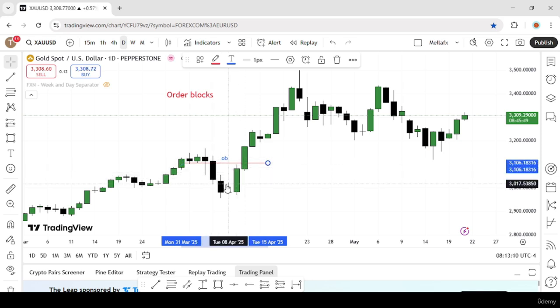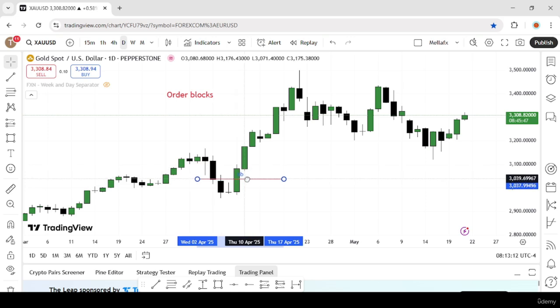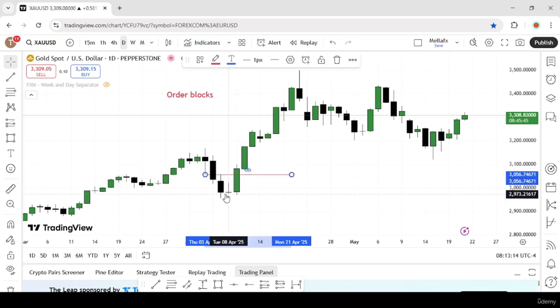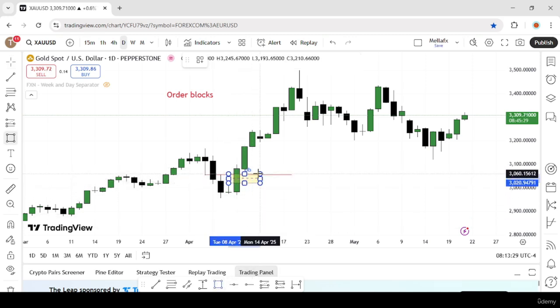For example, here, once this down close candle confirmed its change in state of delivery, we left a very clear imbalance here, confirming that this down close candle is a high probability order block.